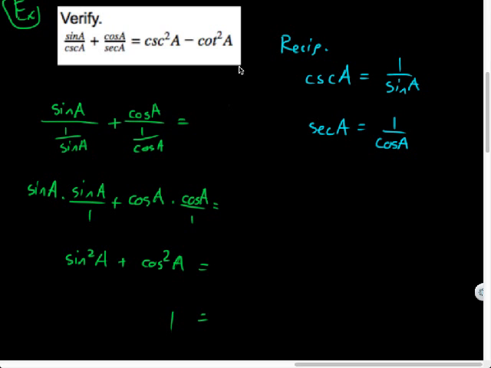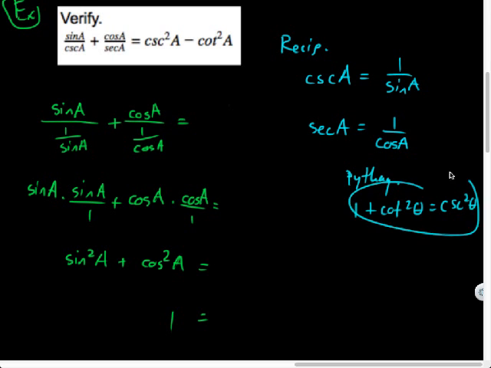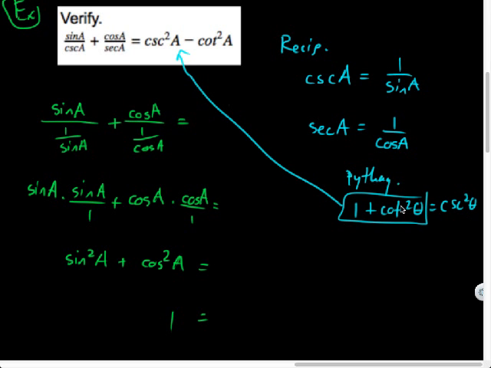So cosecant and cotangent, and I've got squares in it. Let's see what a Pythagorean identity looks like for that. What's our Pythagorean identity say? 1 plus cotangent squared theta is equal to cosecant squared theta. How could I get this to look like that? Or I could just replace the cosecant part with this and see what happens.